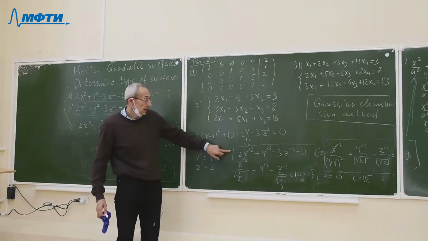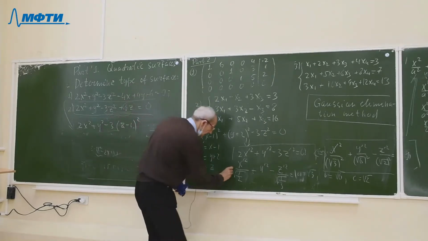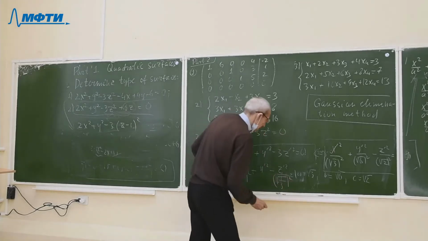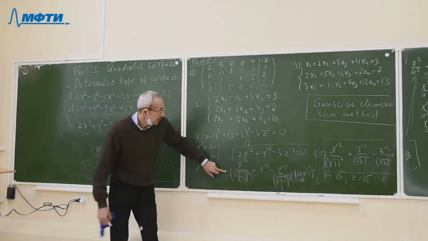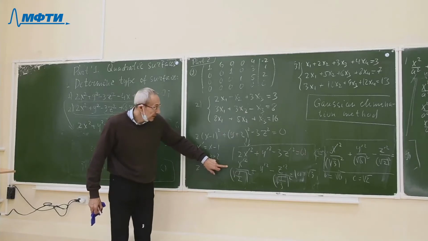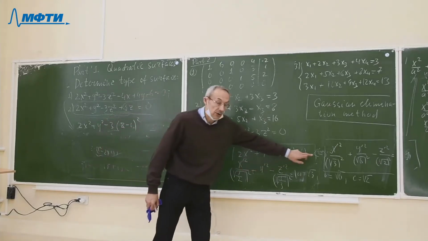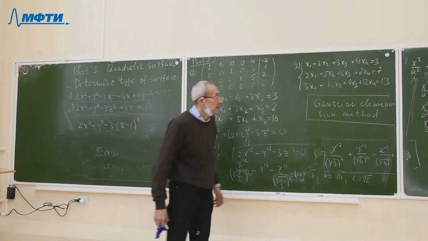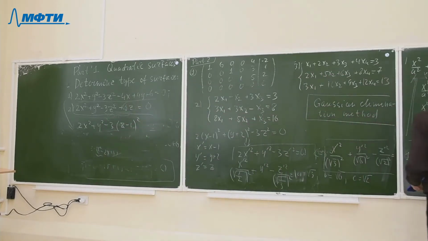We can also rewrite this expression in such form. And this form and this form are equivalent, because this equation we can multiply by other numbers.